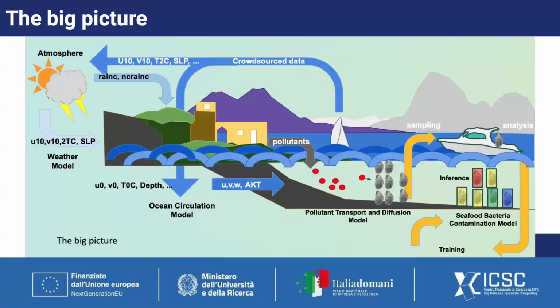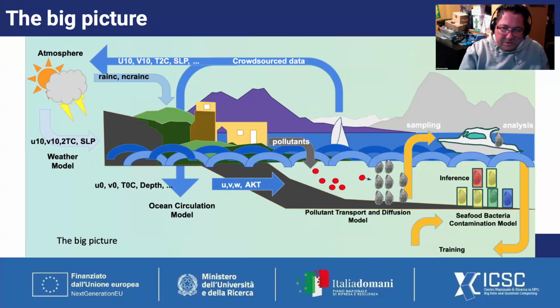We produced the results. This is the big picture. Basically, we have the weather conditions. The weather conditions are predicted by WRF, and then the weather model is offline coupled with the ocean dynamic model. The ocean dynamic model produces the sea current field that is used to drive particles released by fecal sources.